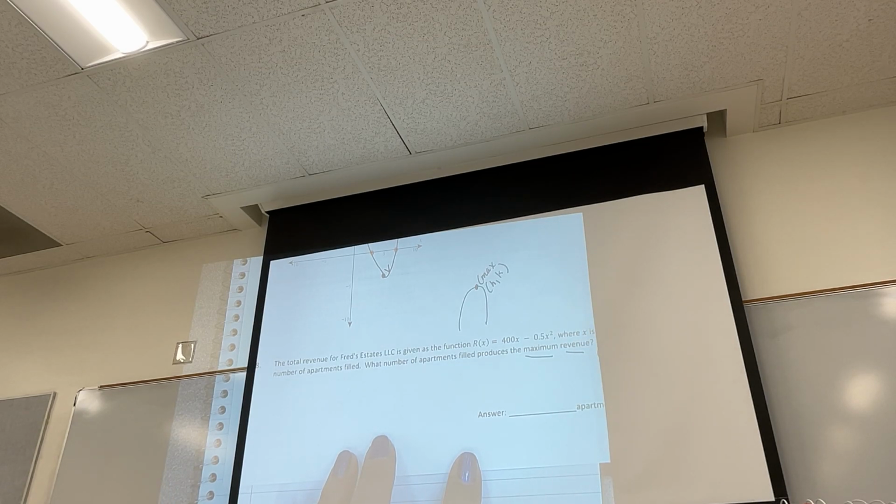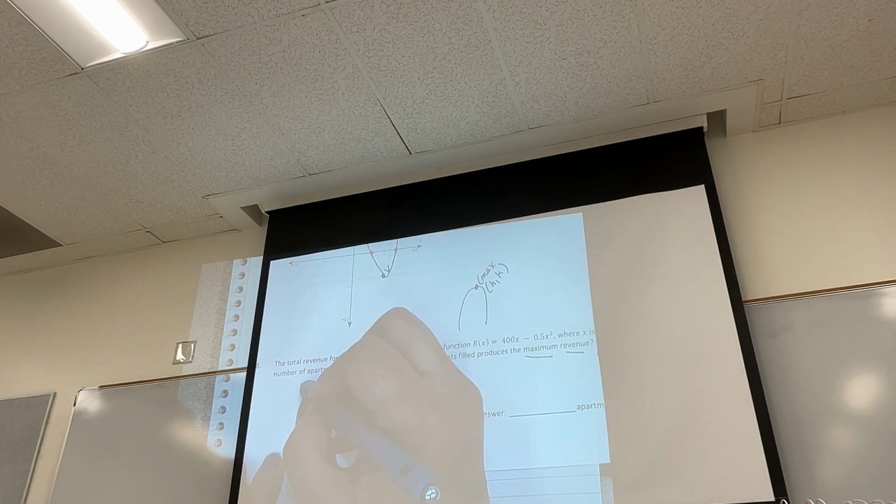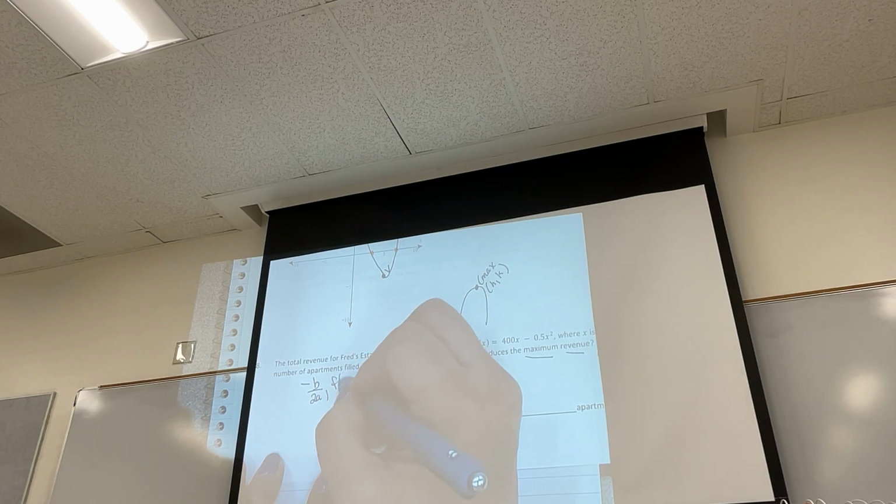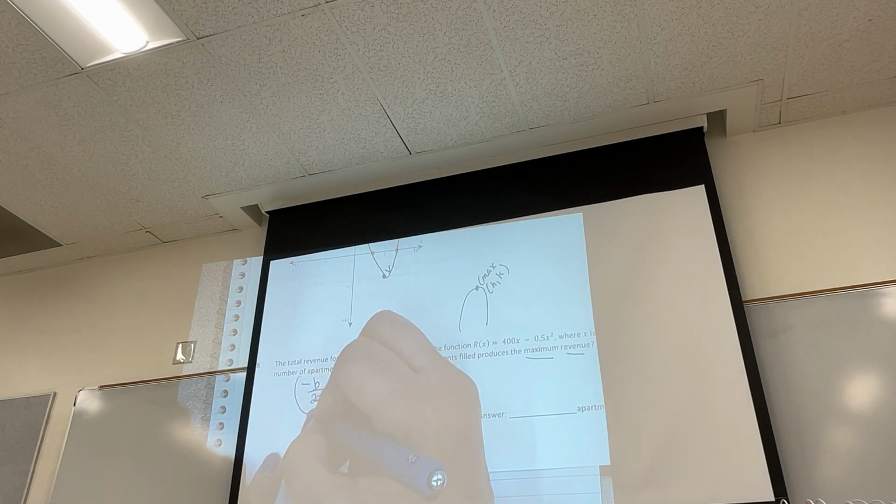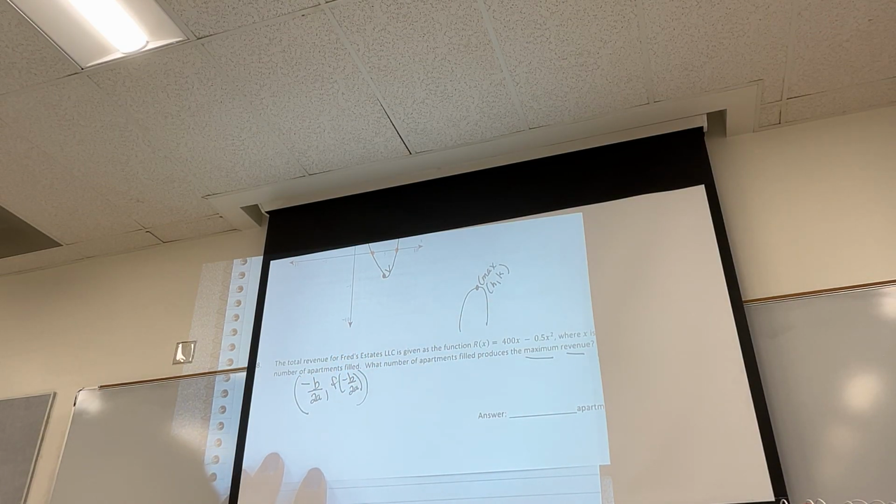What have we learned in class that helps us find a vertex? The formula. What's our formula? −b divided by 2a. And then the function of that, if I need the maximum revenue. But this one is asking for the number of apartments. Okay, so we do that.